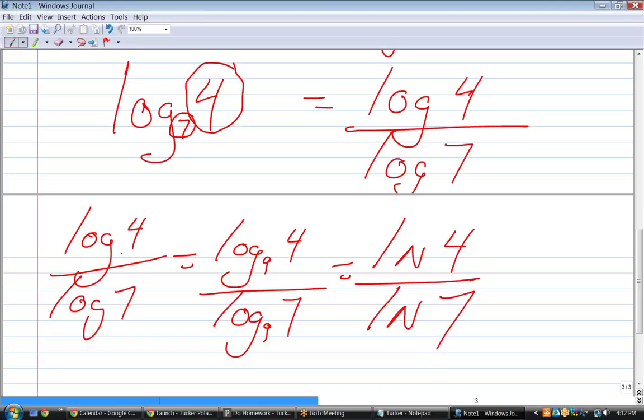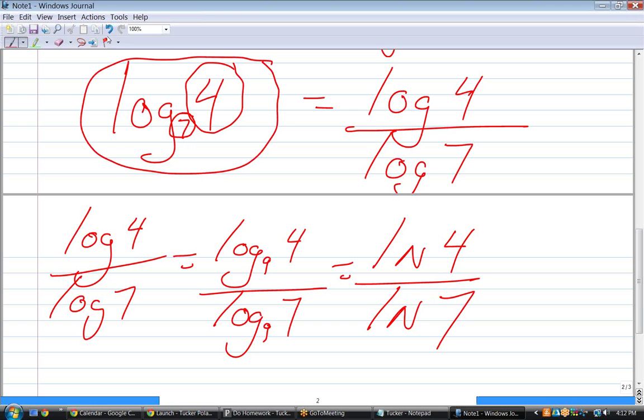This is base 10, this is base 9, this is base E. The key for change of base is regardless of what the base is, here the base is 7, you just take the log of the number on the right, divide by the log of the number on the left. And you can put whatever base you want on these, as long as you're talking about the ratio. In other words, it's not true that natural log of 4 is equal to log of 4. But natural log of 4 divided by natural log of 7 is the same ratio as log of 4 divided by log of 7.